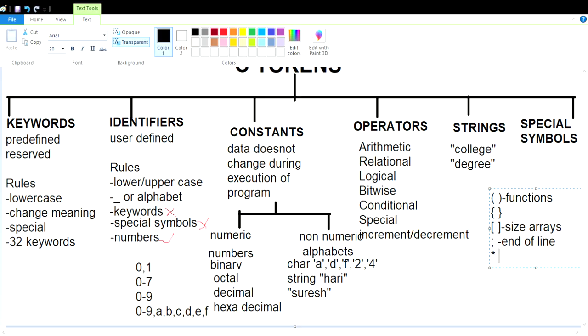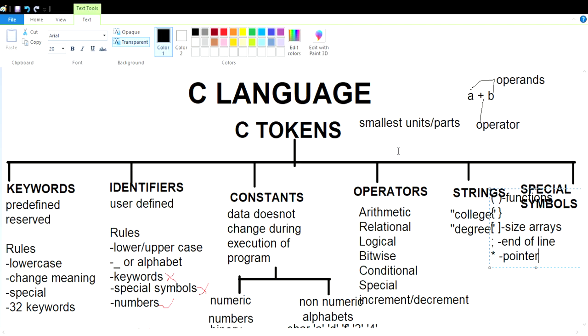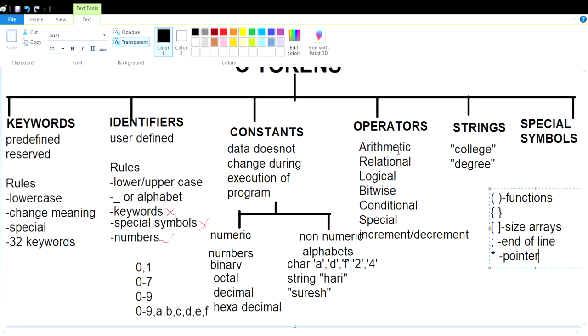Asterisk. It is used to create a pointer variable. Okay, so these are the special symbols that we are using in the C language. These are the different types of C tokens that we are using in the C language.